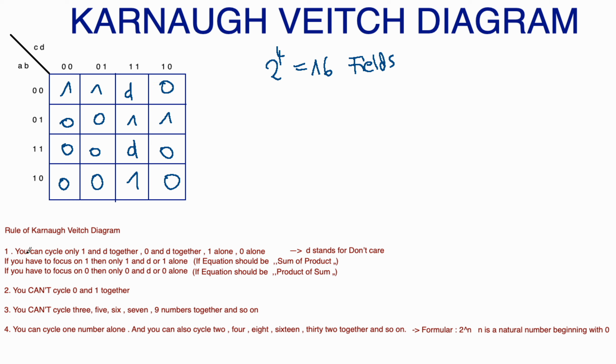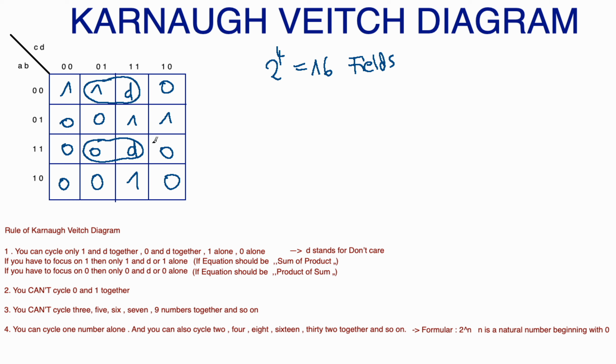Here is written that the rule is you can cycle only 1 and D together. What does that mean? That means you cannot cycle 1 and 0. Okay? It's not allowed. But you can cycle 0 and D. And you can also cycle 1 and D.